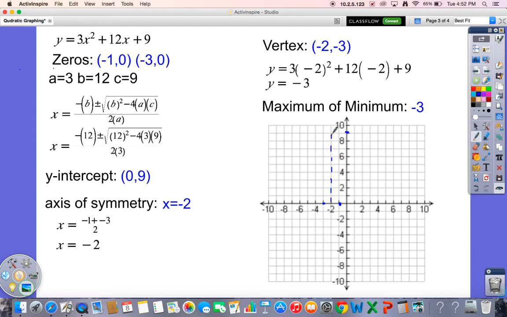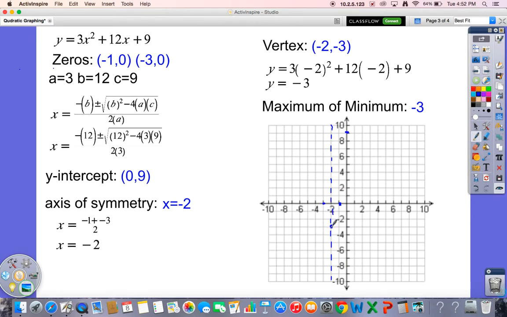This is splitting my shape into 2 equal parts that look like mirror reflections. I'm now going to graph my vertex at negative 2, negative 3, which is right here.